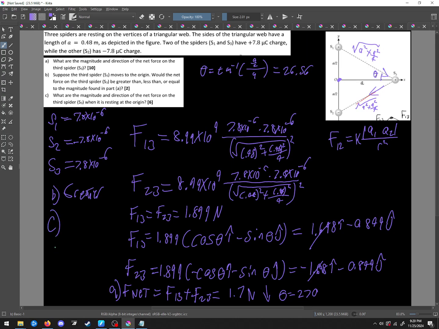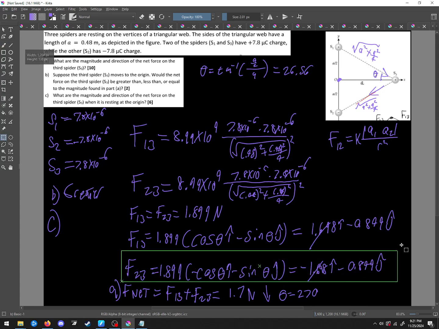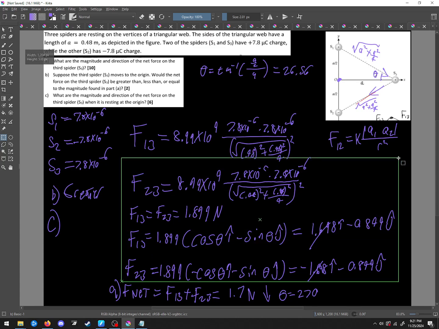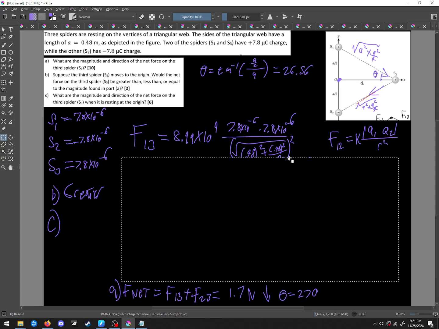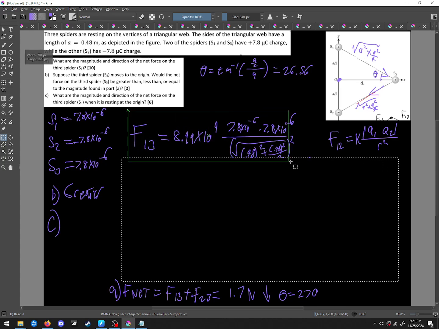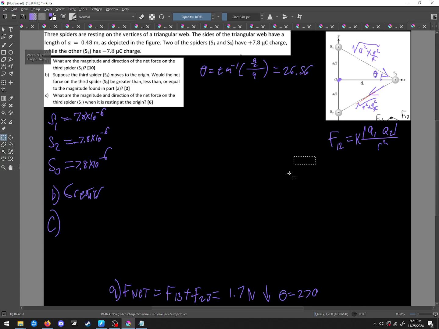And then C, this actually might require some calculations. So let me clear this real quick. Yeah, okay. So now for C, the magnitude and the direction of the force while it's resting on the origin.